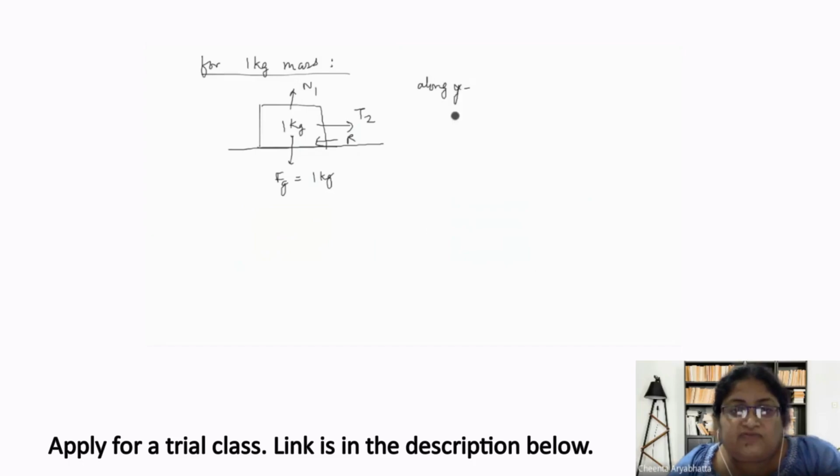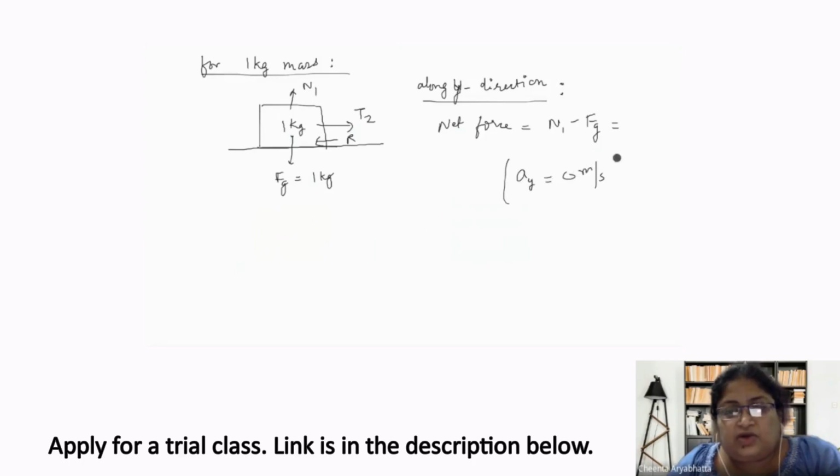First let's see along the y direction. What is the net force? Net force is equal to N1 minus Fg, and this net force is producing acceleration 0, because this system is not moving along the y direction.